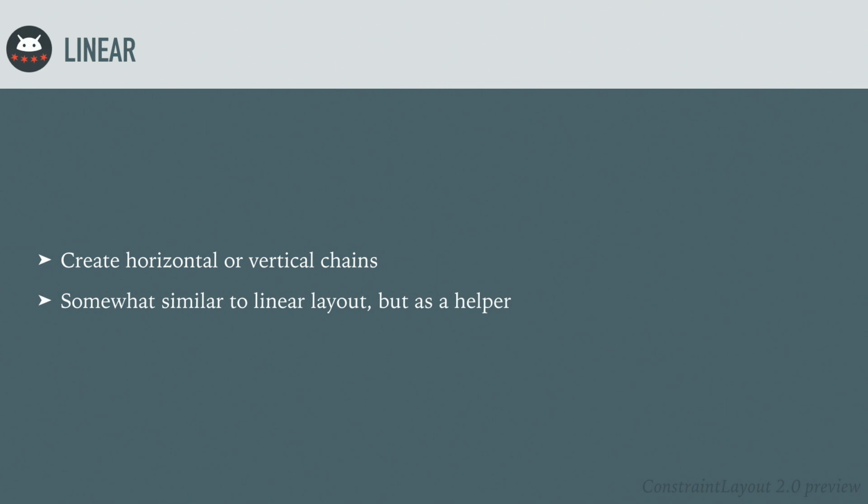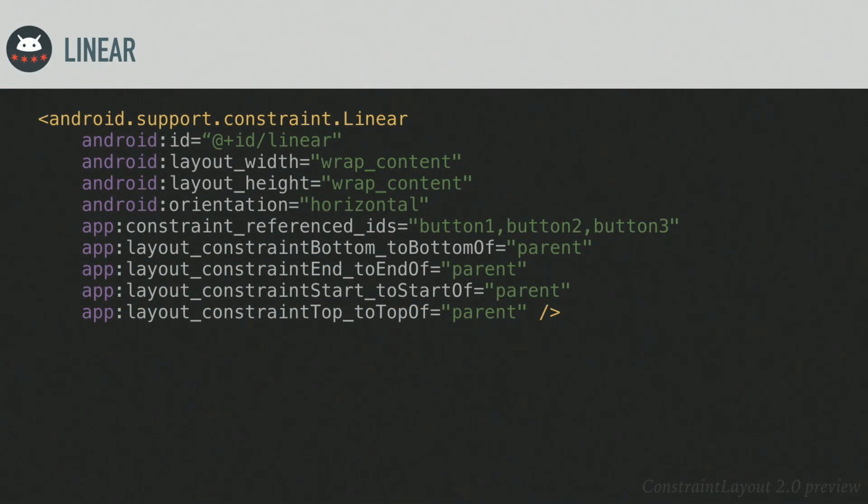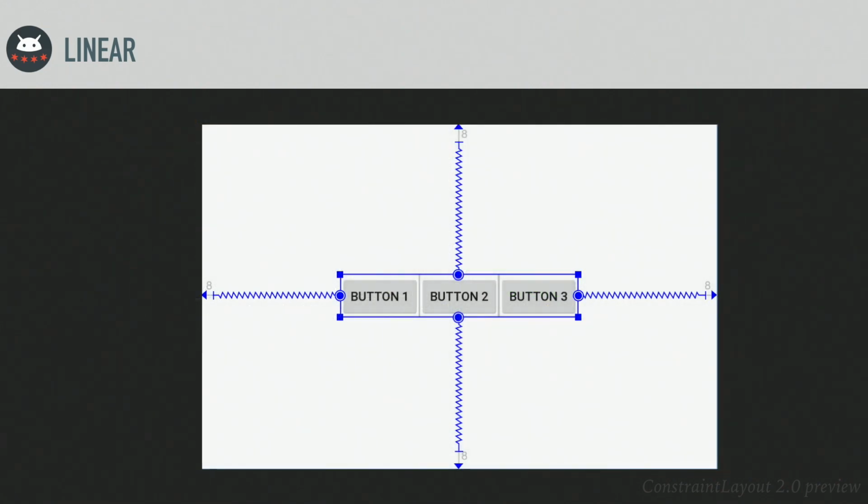Essentially what it does, it creates a horizontal or vertical chain, and you use it like a normal view. You can constrain that linear object, you indicate its orientation, and it contains the referenced element. And you get that, which is very, very similar to what you get with linear layout. The difference here is that the normal semantics of chains still apply.